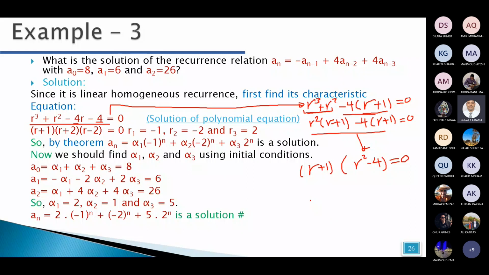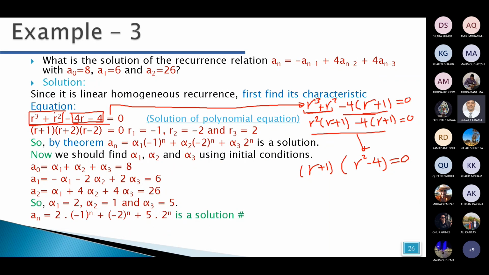So how do I solve it? I try to find common factors R plus 1 or R minus 1 from all the terms. So I take each two terms together like this and try to find R plus 1 here and R plus 1 here.